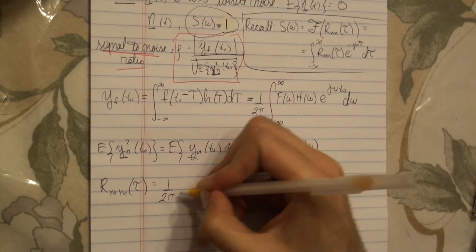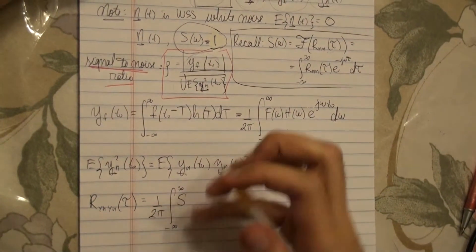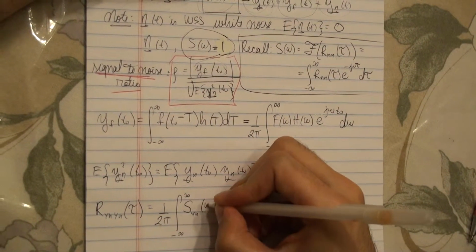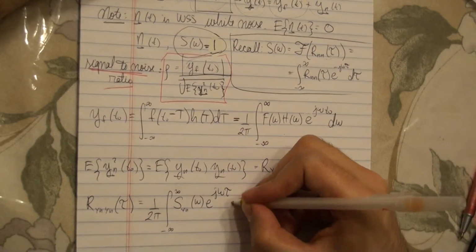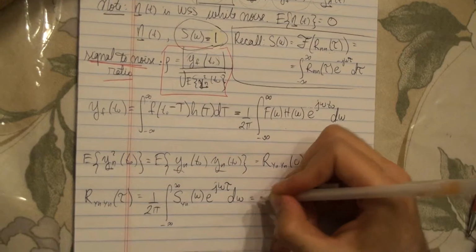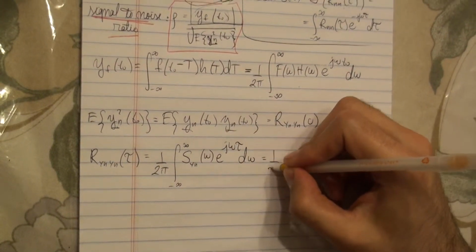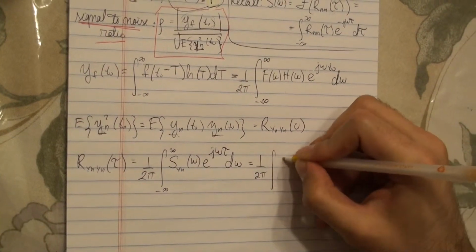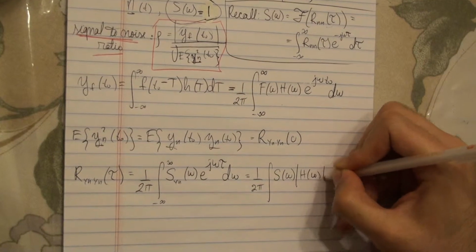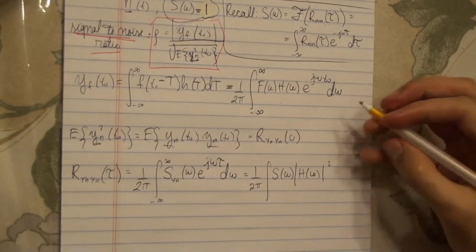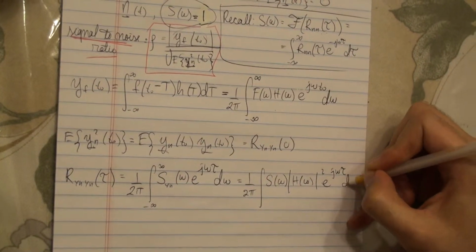So I take the inverse Fourier transform, and because we're doing yn, it's S of yn of omega, e to the j omega tau d omega. But S of yn we can write as S of omega times the absolute value of H of omega squared, e to the j omega tau d omega.